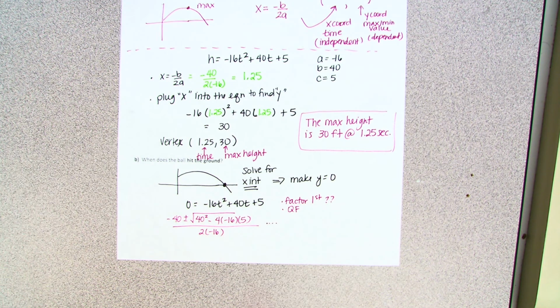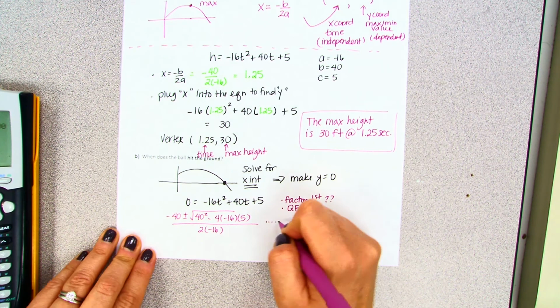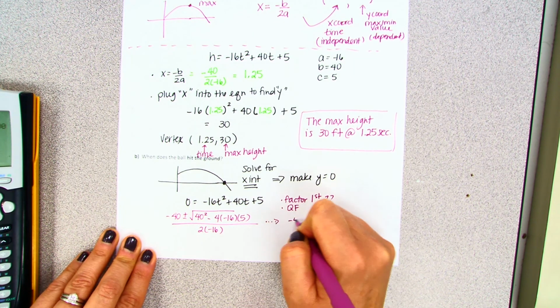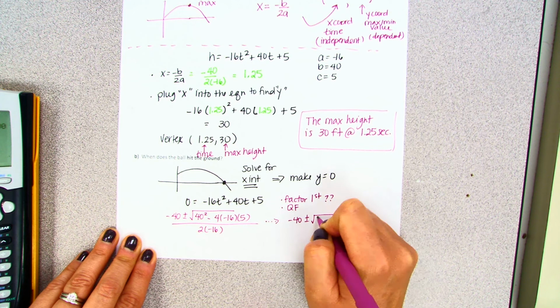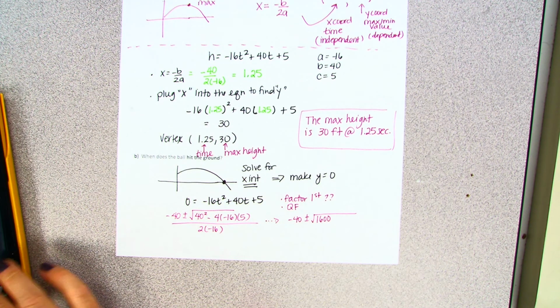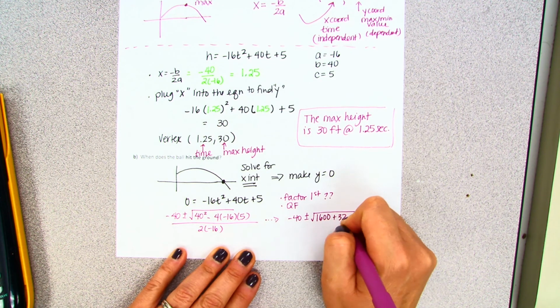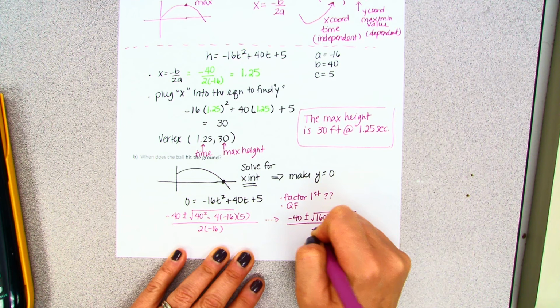Then you go ahead and figure that out in your calculator. So I have 40 squared, which is 1,600, so negative 40 plus or minus the square root of 1,600, and then 4 times 16 times 5 is 320, and that's a positive. And the denominator is negative 32.